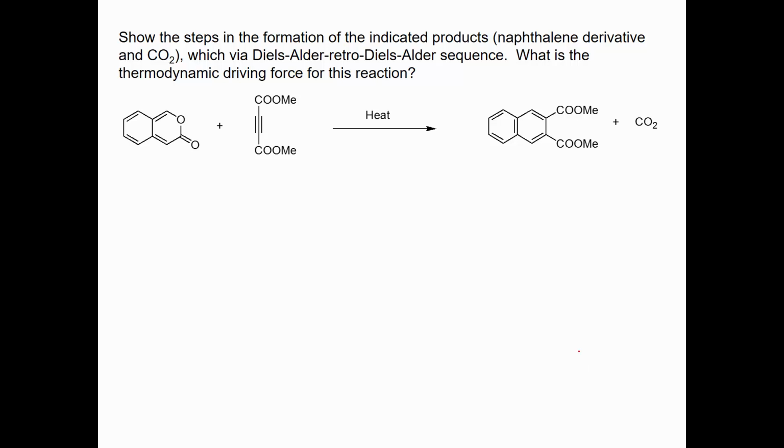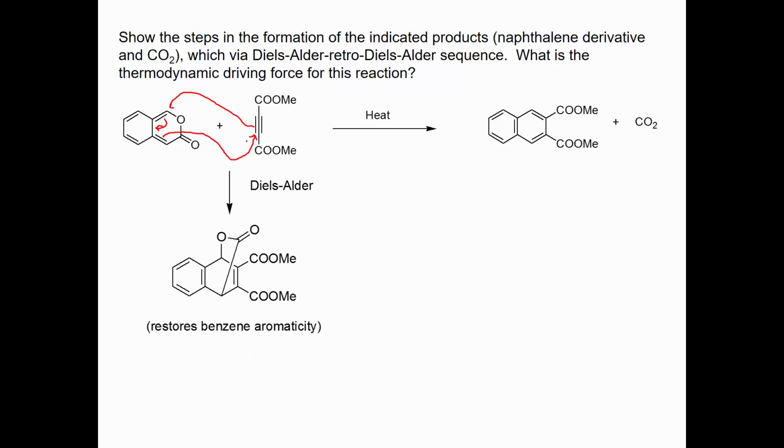All right, so what we see here in this case is a very favorable Diels-Alder reaction occurring like so. Okay, so this is going to produce a bridge structure, and this produces this compound right here. And this restores the aromaticity in the benzene ring.